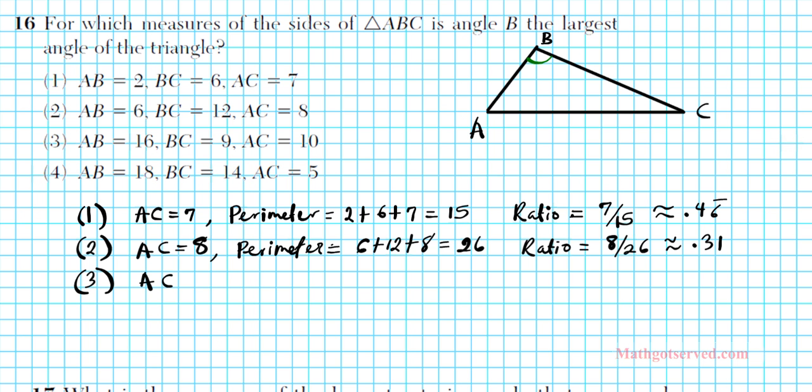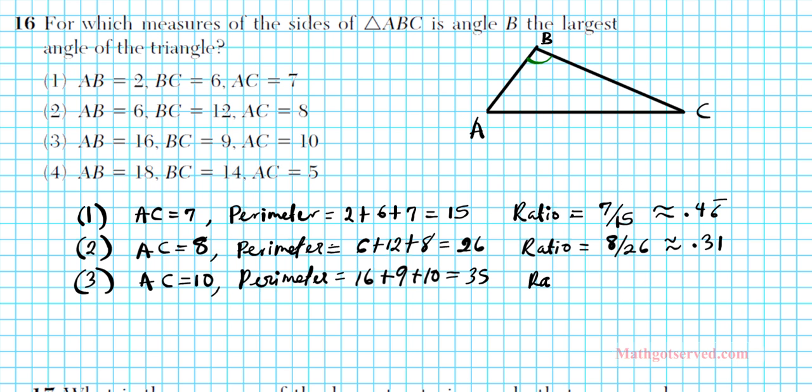Option 3, AC is 10. The perimeter of that triangle, we're adding everything here, okay? Remember, AB plus BC plus AC. If you add all those sides, that's what gives us the perimeter, right? So 16 plus 9 plus 10 is 25 plus 10, which is 35.